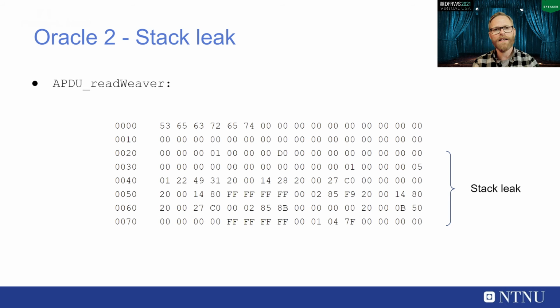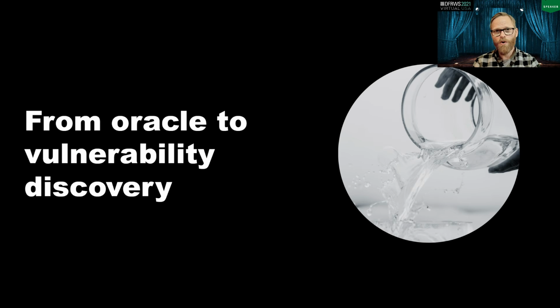And this is a stack leak, it turns out, and a stack leak is very valuable when mounting an attack on this device. So these two oracles can be used to investigate this secure element black box chip, and we could also use this to discover a vulnerability in this secure element.